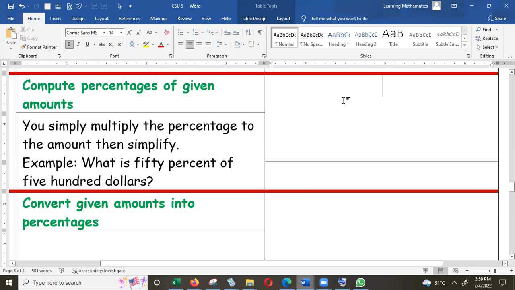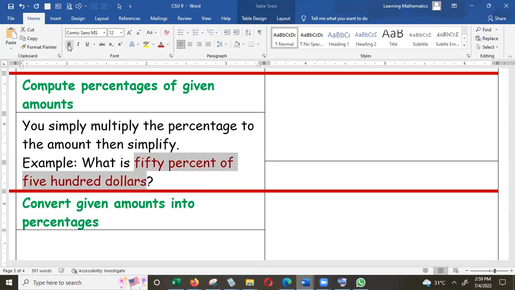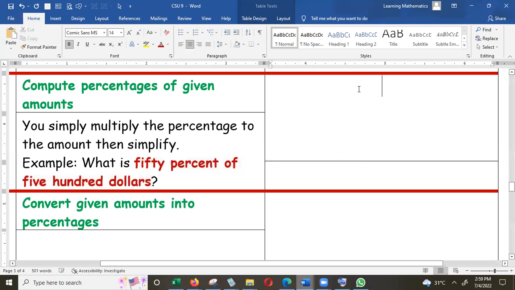So let's translate this to symbolic form, bearing in mind the words 50%, of, and $500. All of these words have their mathematical translation, the symbols for them.